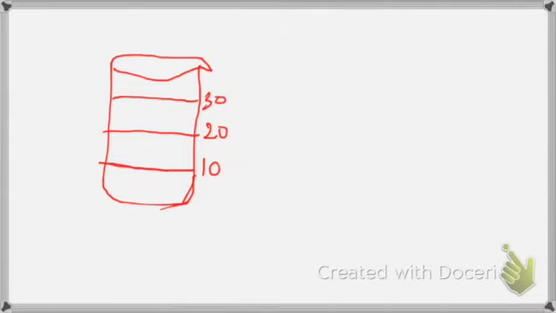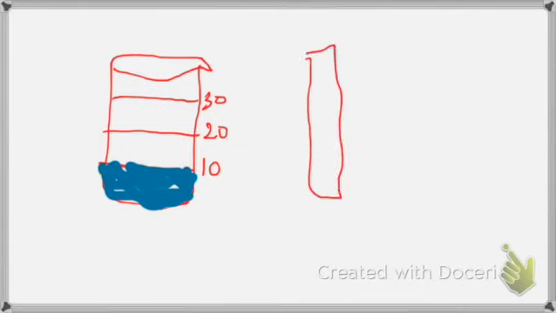Let's say that we have water in here, and this water happens to be exactly 10. Now I have another little tiny graduated cylinder that happens to have 1, 2, 3. This one happens to just have 1 milliliter of water.